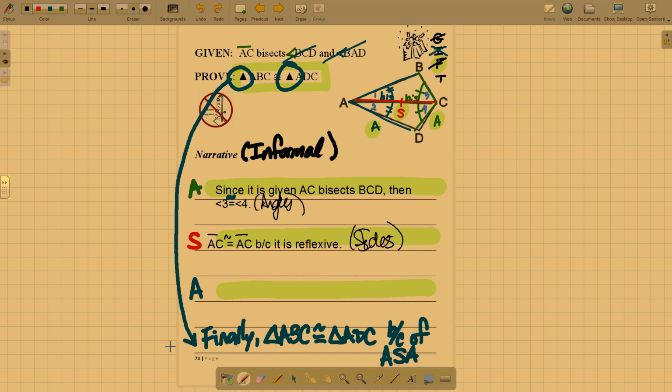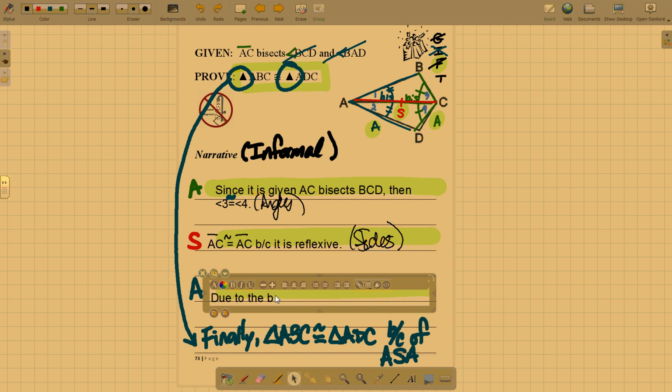And you want to say something around your last one. It is the fact that, due to the bisector of AC cutting angle BAD in half, then angle 1 is congruent to angle 2.